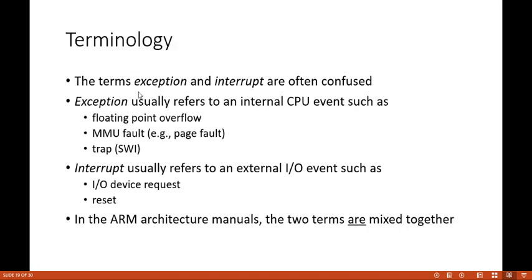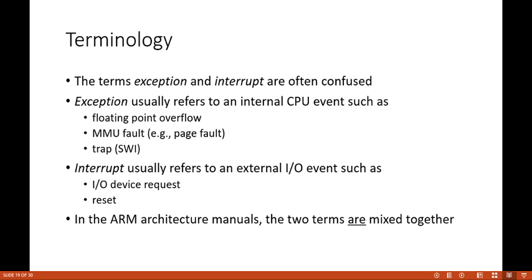Regarding terminology, the terms exception and interrupt are often confused. Exception usually refers to an internal CPU event like floating point overflow, meaning your result does not fit in the destination, or you are dividing some number by 0. There are some difficult CPU events which do not give you normal answers. In that case an exception occurs.